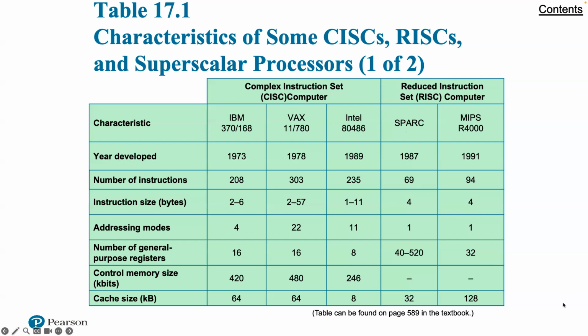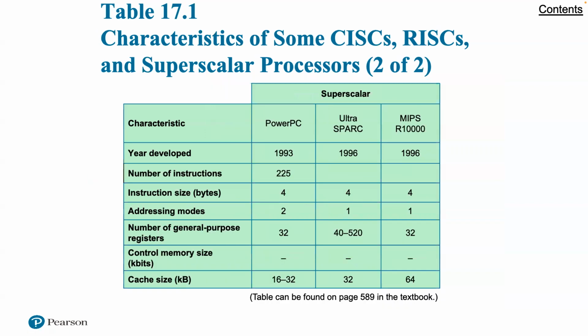So this is the first of 2 charts just to give a general comparison. You can look over these and pause the video if you want to be thinking about that in a little bit more detail. Then moving on, these are some later developments. We have the PowerPC, which is an example of the superscalar type of processors.